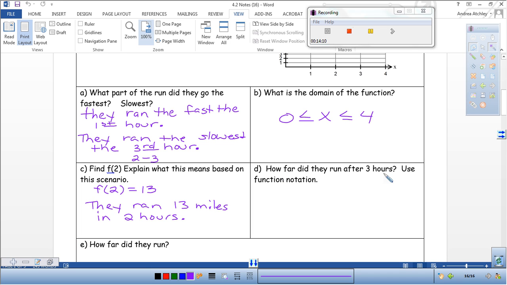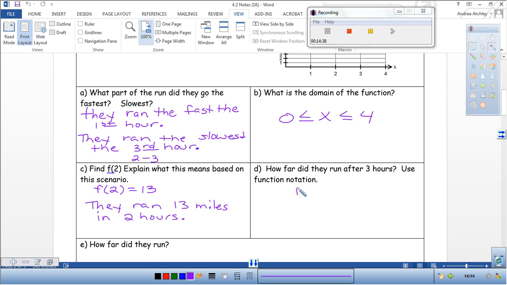Now, how far do they run after 3 hours? And then we want to use function notation. So let's start with how far do they run? Yasmin, at 3 hours, how much did they run? 17.